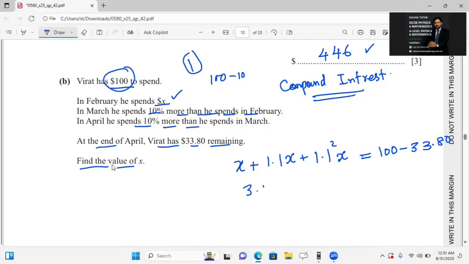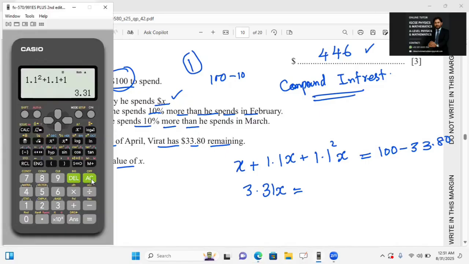So it is 3.31x, which is equal to 100 minus 33.80. 100 minus 33.80 is equal to 66.2.